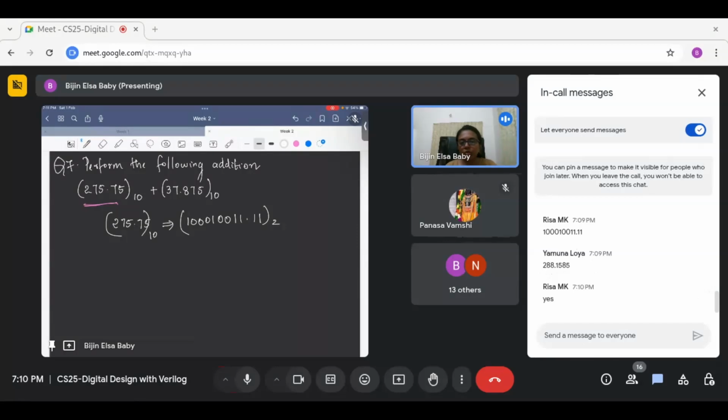All of you know how to find this binary representation. Do I need to show you, or all of you got it? This binary value of this decimal number? Okay, then give the value of 37.875.